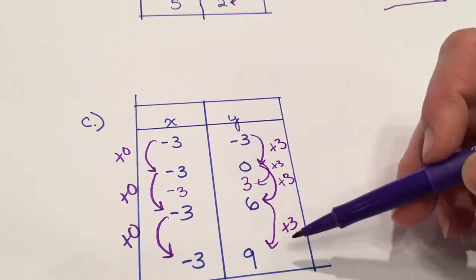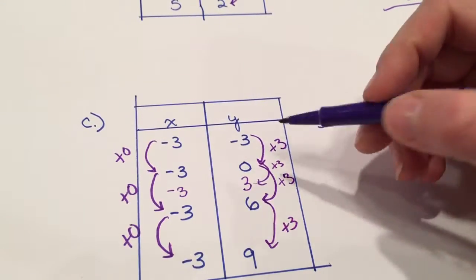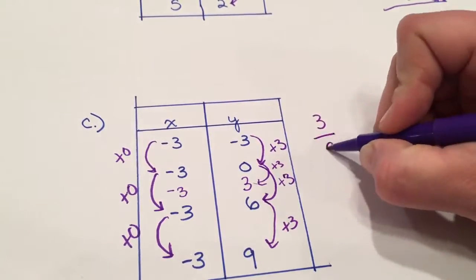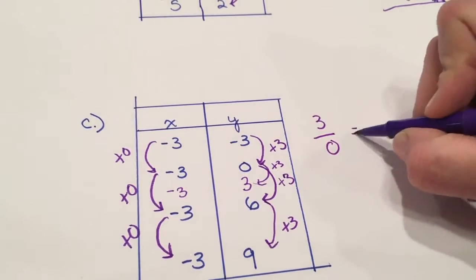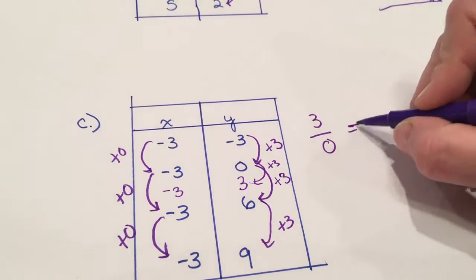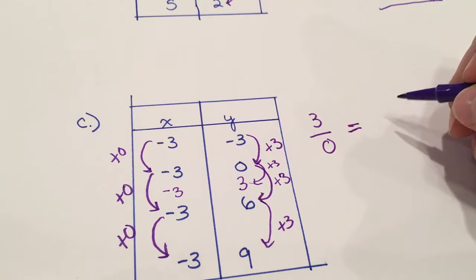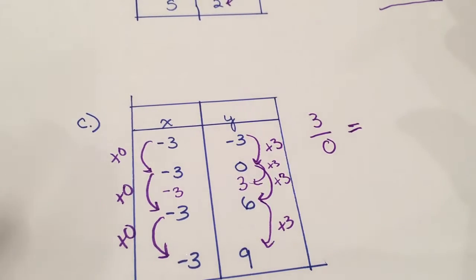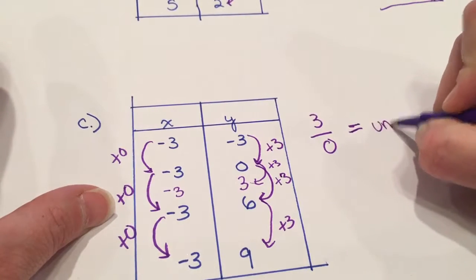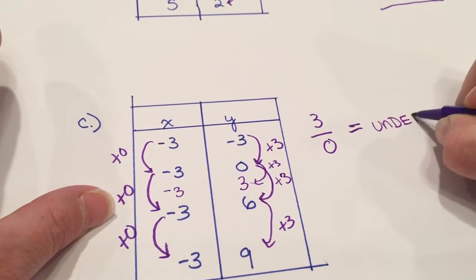Anyway, our change in our y is 3 over my change in my x, which is 0. But remember that thing I showed you? This one cannot happen. Remember? We call this undefined.